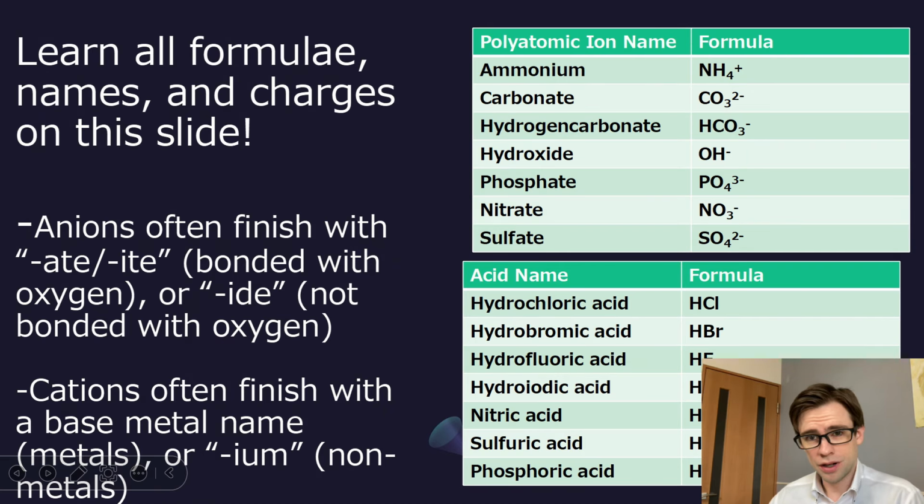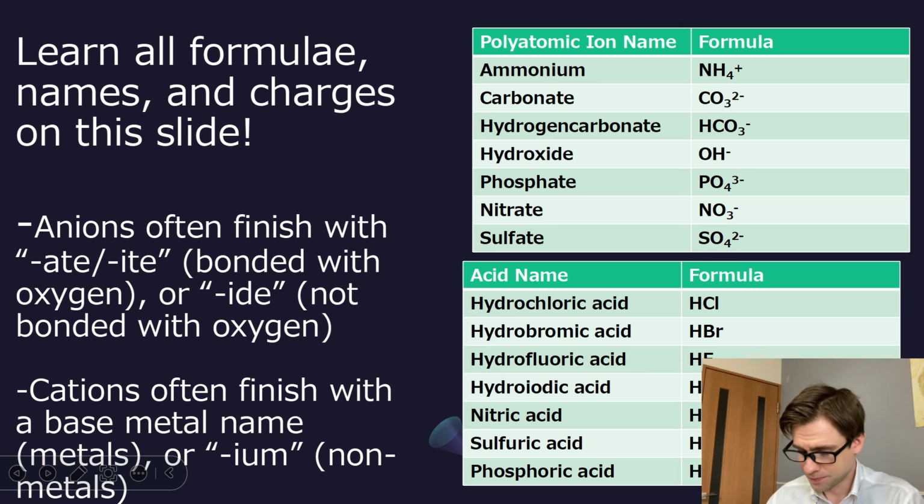So learn all of these. The polyatomic ions in the top right. Ammonium, NH4+. Carbonate, CO3 2-. Hydrogen carbonate, HCO3-. Hydroxide, OH-. Phosphate, PO4 3-.